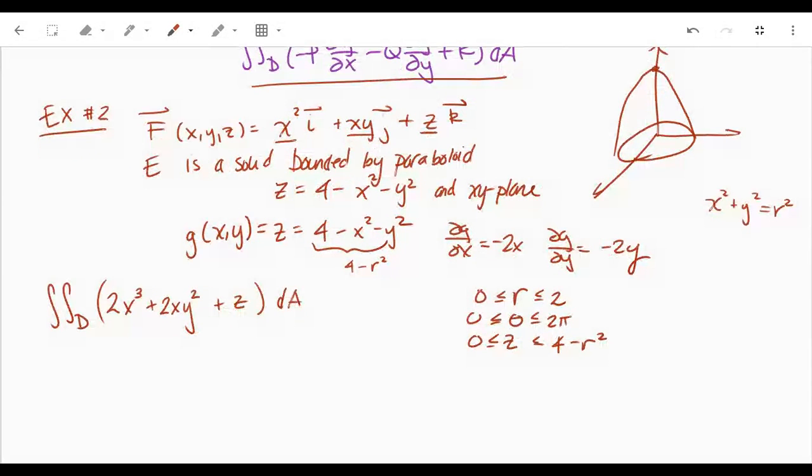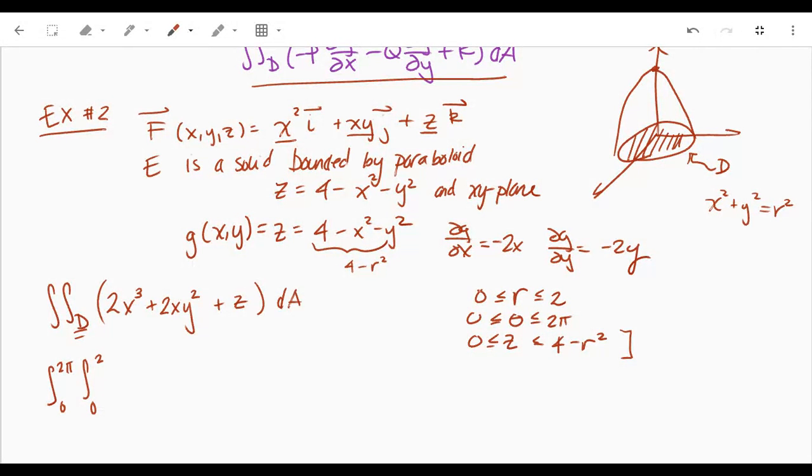And you know what? We're not even going to need that yet, right? Because remember, D is just that in the xy plane. That's D. Okay. So we just really need the r and the theta. So we want to do the integral from 0 to 2 pi of theta, integral from 0 to 2. And we've got to convert all of these x's and y's.